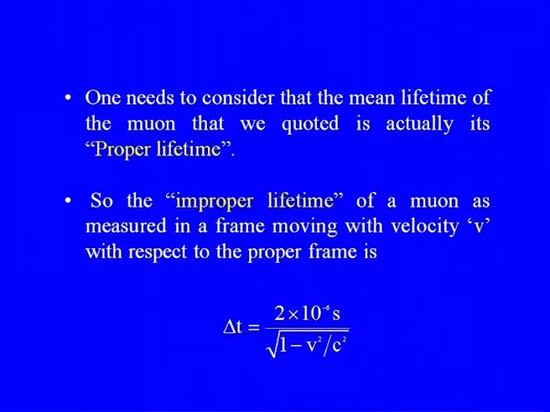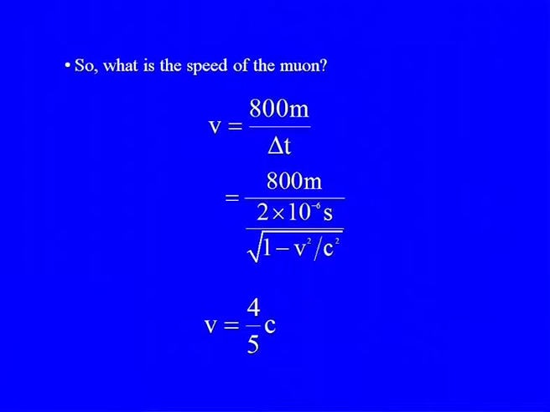So, what is that? If we remember just a few slides back, we talked of the proper time interval divided by root over 1 minus v square by c square. The proper time here is 2 into 10 power minus 6 seconds. So, we divide that by root over 1 minus v square by c squared, and that is what we get. The speed of the muon is now 800 meters divided by delta t, that is this improper lifetime.